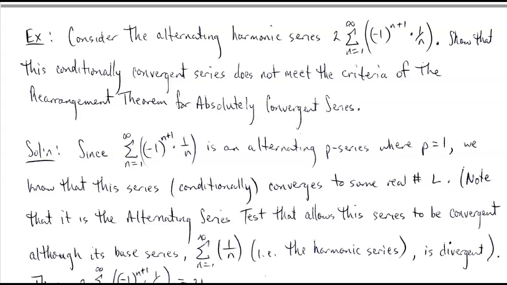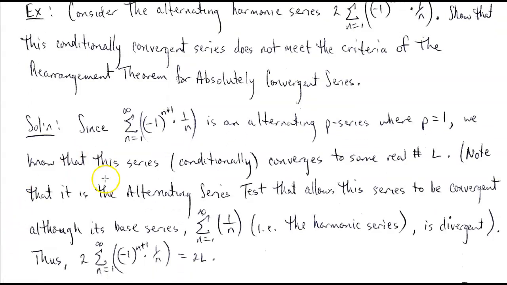In other words, I told you that if we have a conditionally convergent series, we can't just switch around the numbers and add them up again and expect it to converge upon the same sum. This is an example to showcase that.